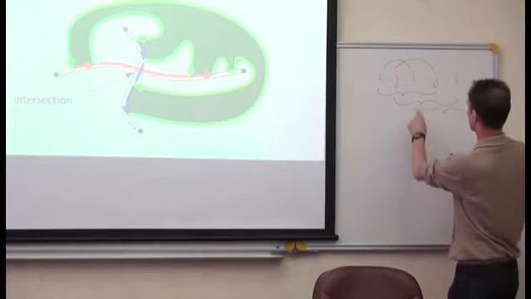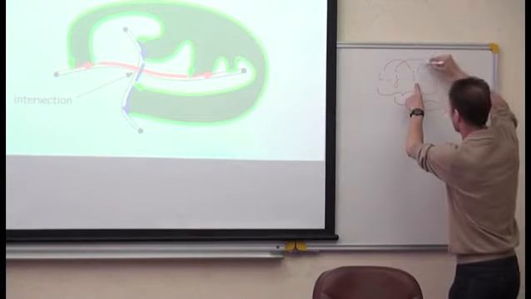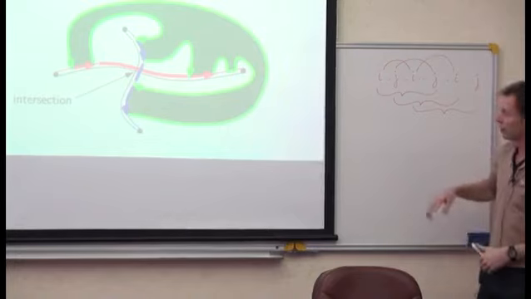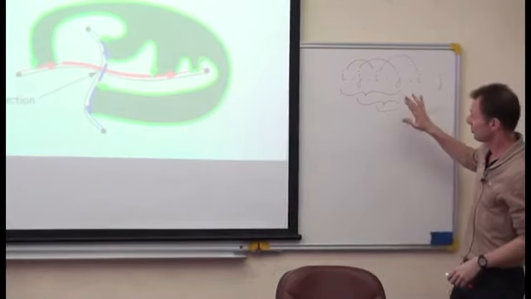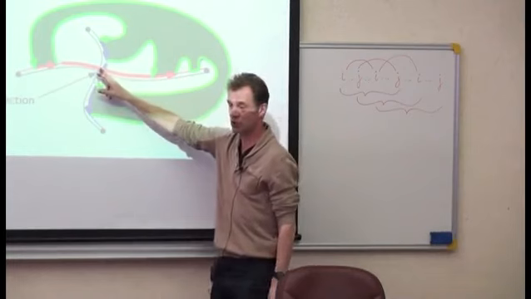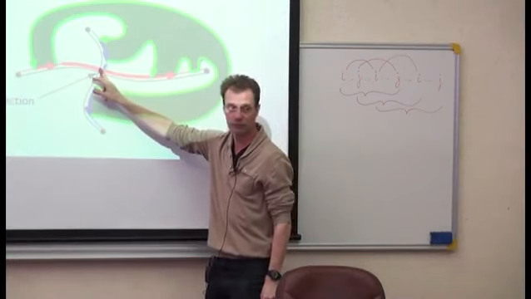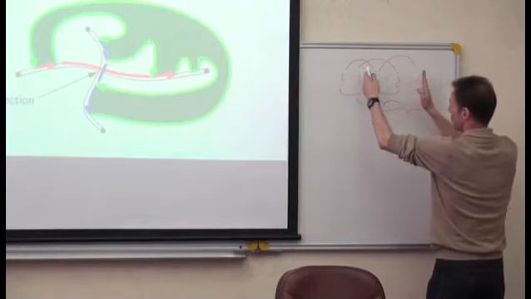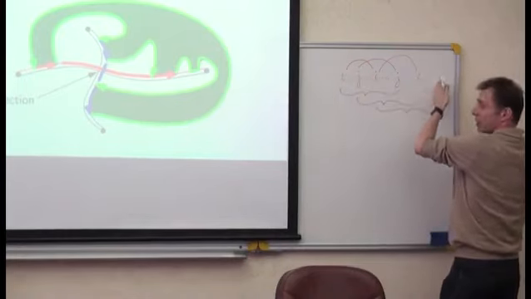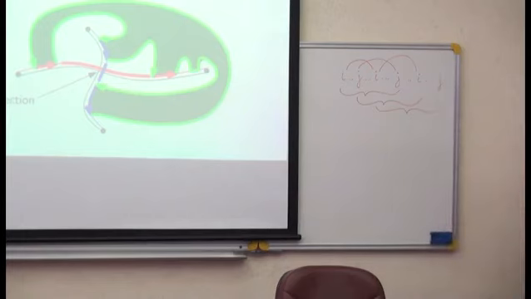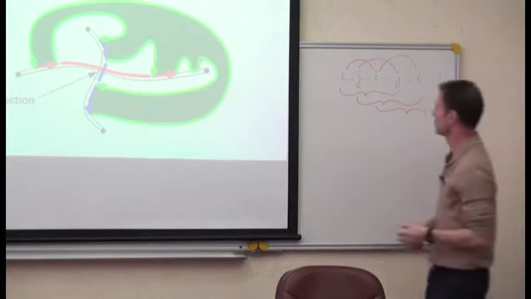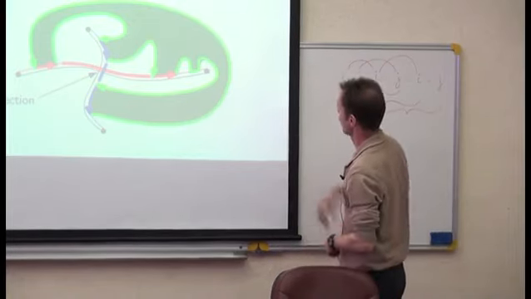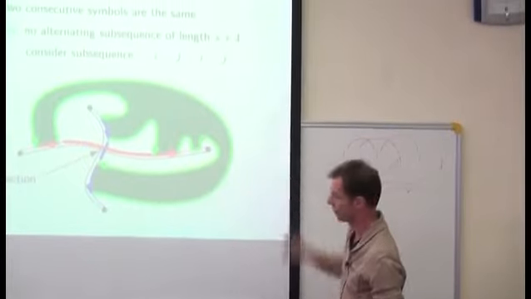And that's a different intersection from this one with this part of the curve. Okay, so that means that if I can show that I have this intersection here, then for each 4 consecutive ones, I get a different intersection. And that means that you cannot have this alternating subsequence of that length.